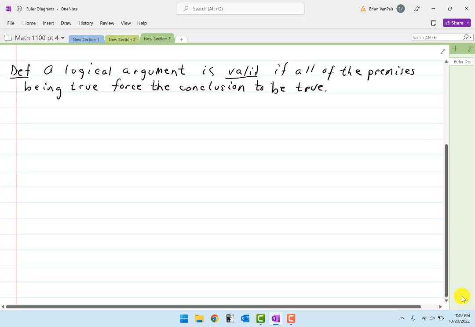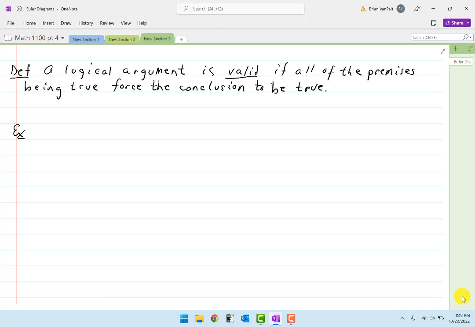So let's move on to an example. The way they look is a bit different, but we're going to write it this way. Is the following argument valid? The way it's structured is this. We put: no accidents happen on purpose.